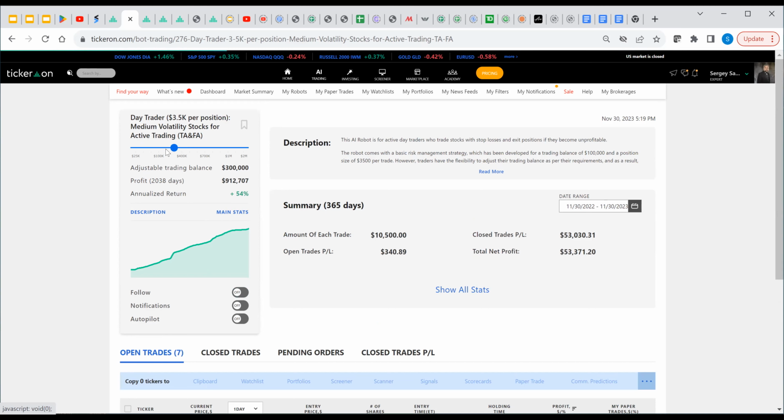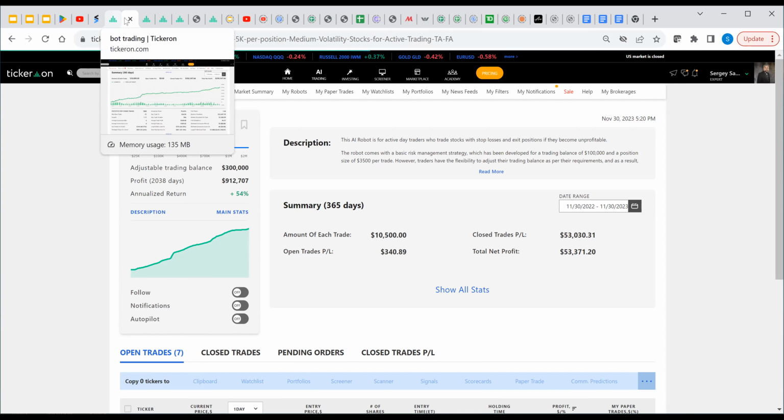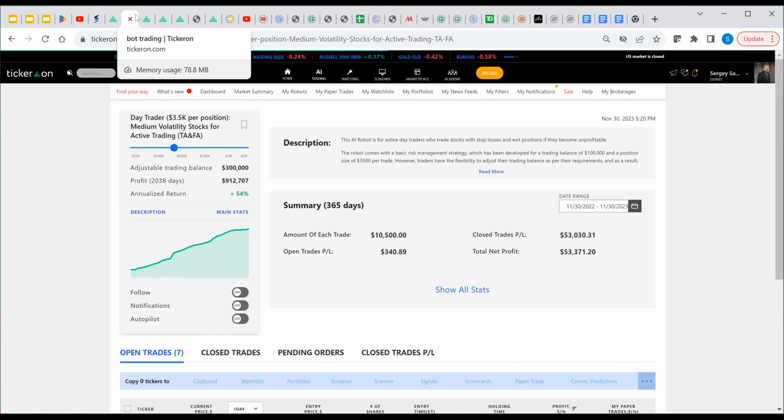So approximately, it's about 300,000 to trade this type of robot, and you're going to have an account of about 300,000 for that purpose. Okay. So that's the main difference between virtual accounts and signals only. Okay. So now we're going to go back.